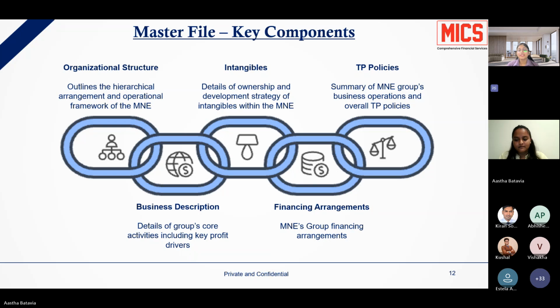The last but the most important component of the master file is the TP policy. It is basically a summary of the MNE group's business operation and overall TP documentation. It is a kind of high level explanation of how the group handles pricing between its entities across the countries.